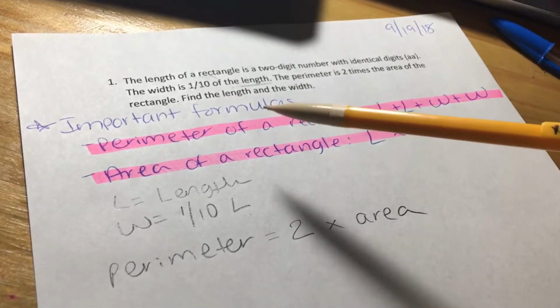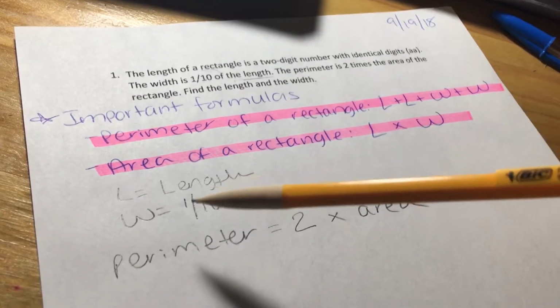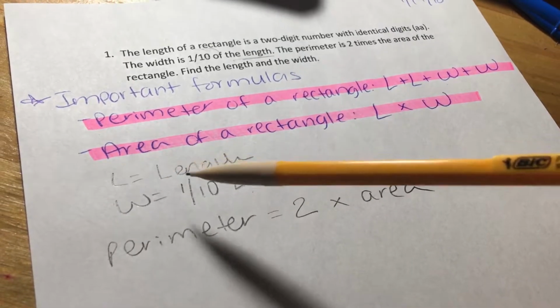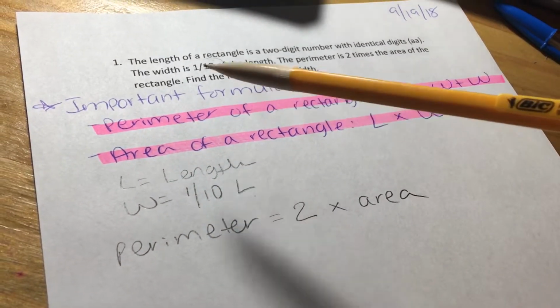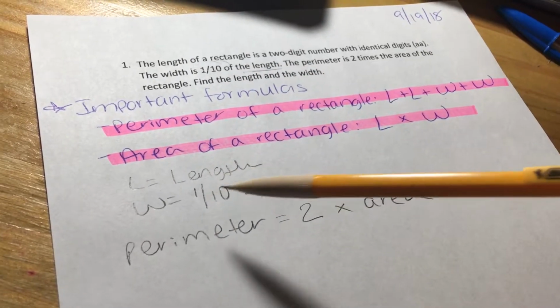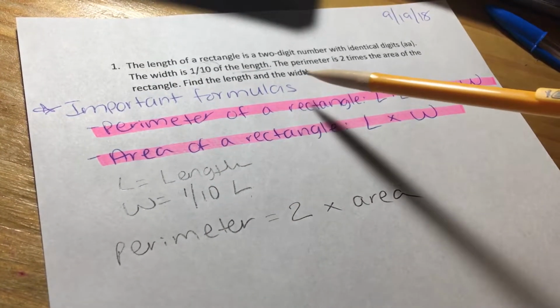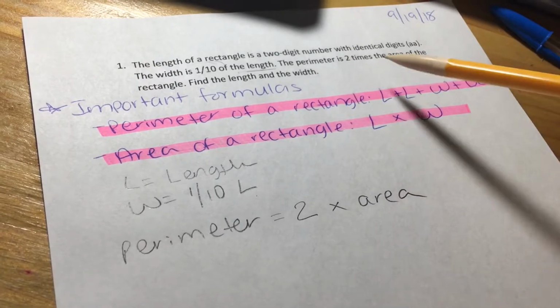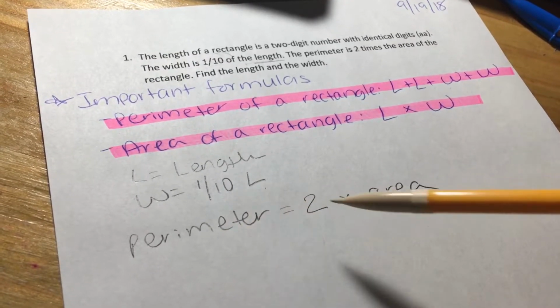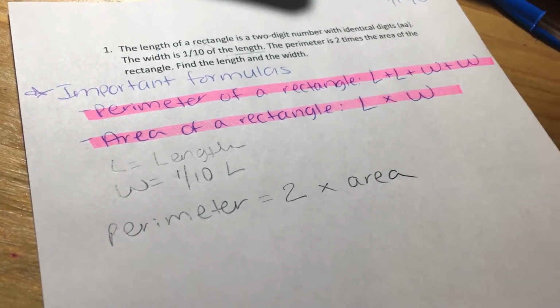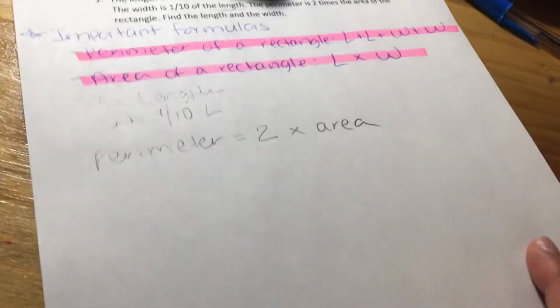We don't know the length yet, so we call it L. We don't know the width, but it's 1/10 of the length, so I put 1/10 L. Then the perimeter is 2 times the area. Let's go ahead and solve this out.